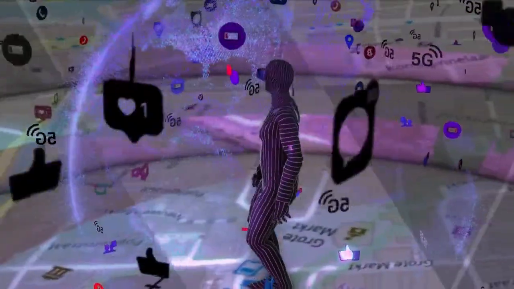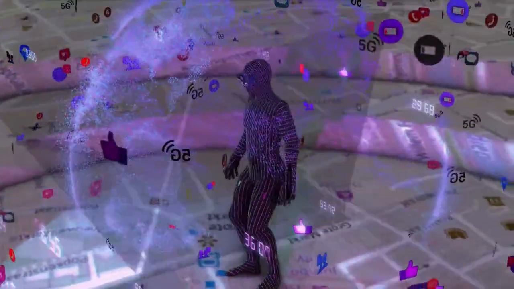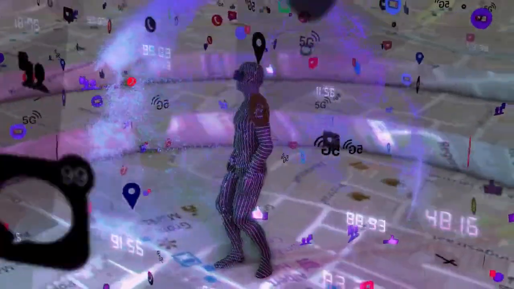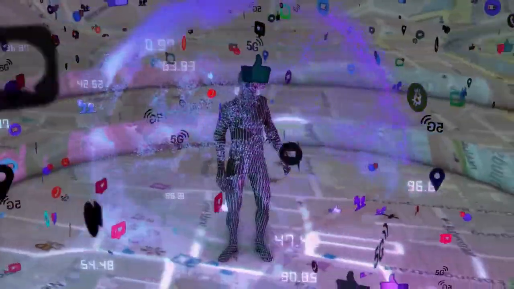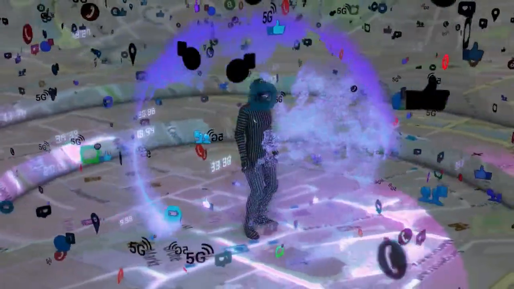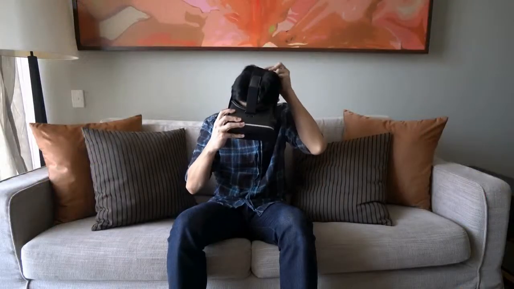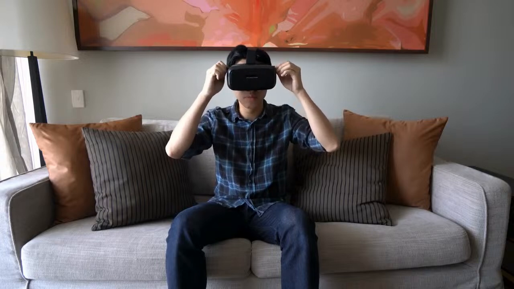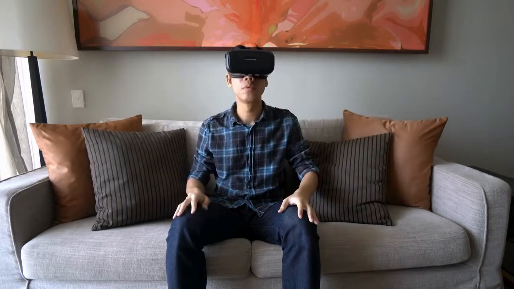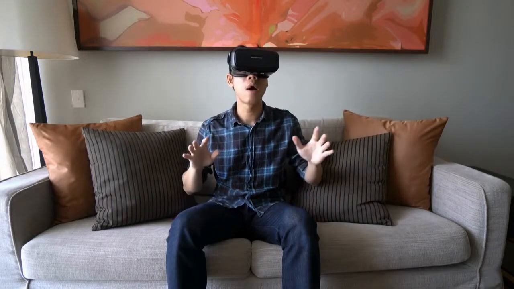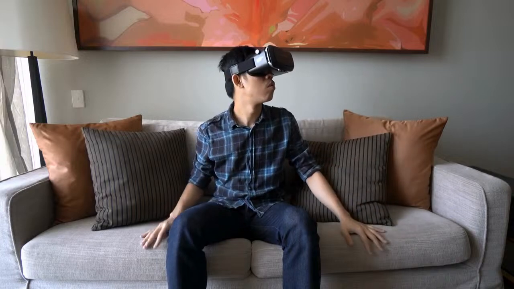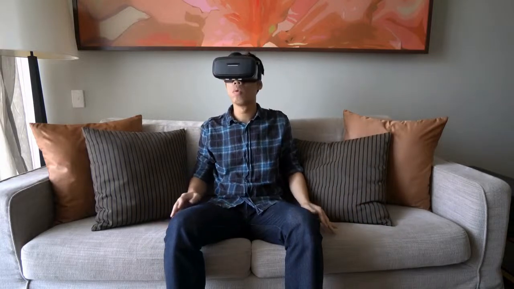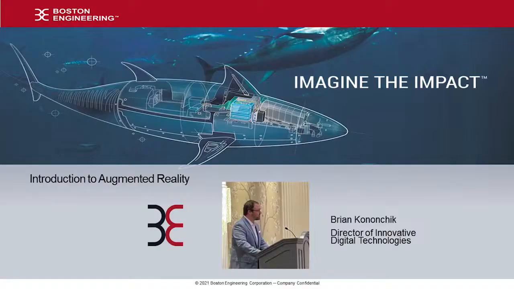Now, if augmented reality and mixed reality is placing digital content in the physical world, virtual reality is the opposite. They're placing you, a digital avatar of yourself, in a virtual world. So there is no actual usage of your surrounding environment. You are being fully immersed in some created, curated, fully digital environment.